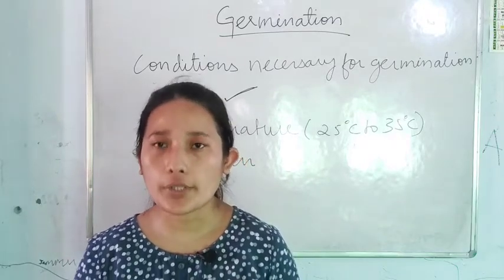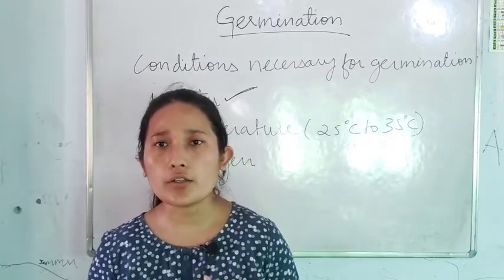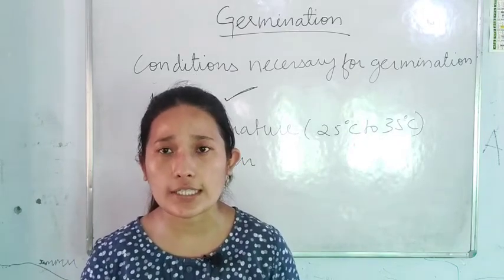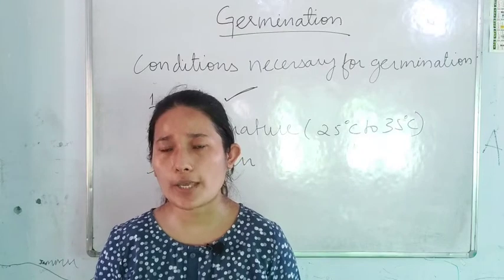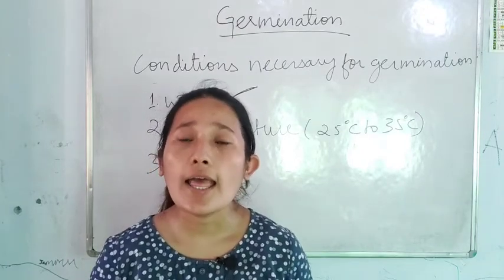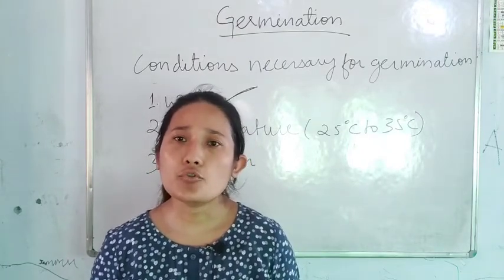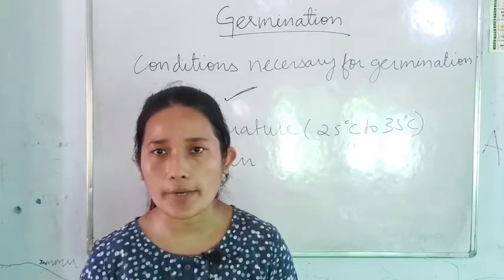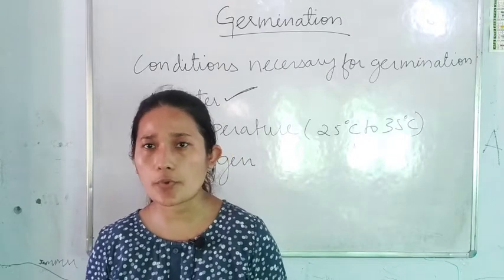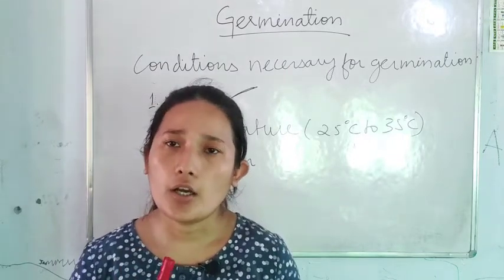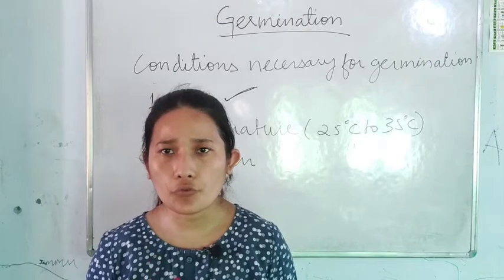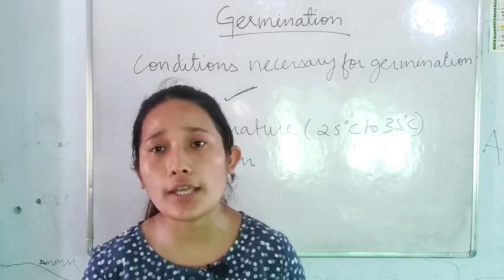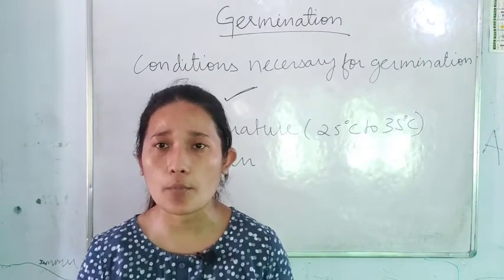Number two, what is the other requirement of water? Since different chemical reactions are going on within the seed, for carrying out those chemical reactions, water is very essential. And also for enzymes to act upon the food that is being stored in a cotyledon or in endosperm, right? Food is stored in cotyledon or in endosperm. So for enzymes to act upon that food, so that food can be broken down into a simpler form, so that food can be taken up by the embryo, just like in our body, right?